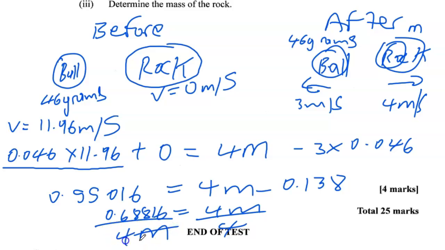So m is equal to 0.17, and of course in kilograms, so 0.17 kilograms.